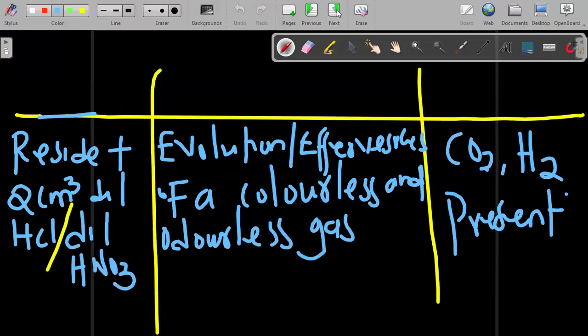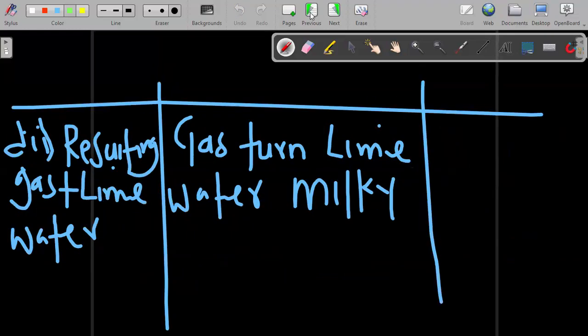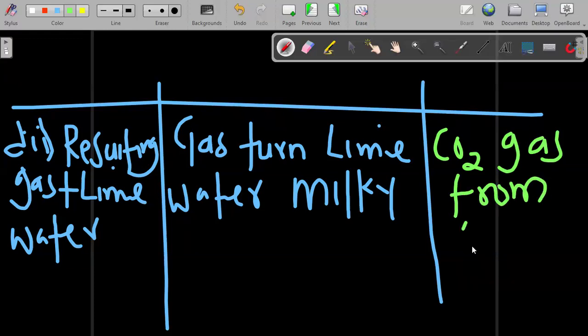So remember, we said there were 2 gases that have this property. If the gas turns lime water milky, it means the gas is not hydrogen, the gas is carbon dioxide. So if it turns it milky, it means that it's CO2 gas from CO3 2 minus.